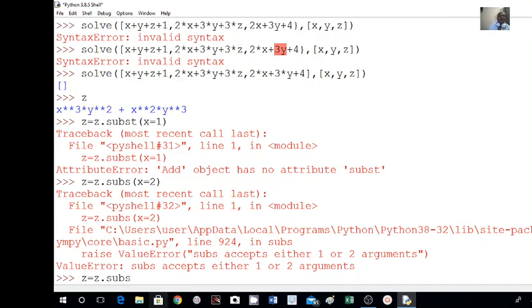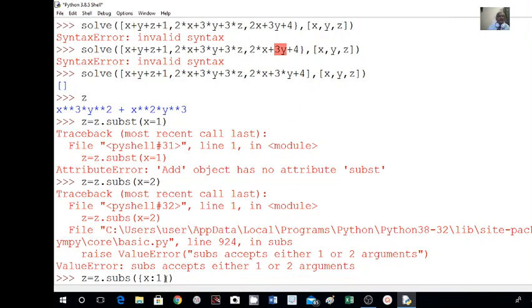What is wrong here? Either 1 or 2, something is there. Okay, here I will write SUBS open bracket, open flower bracket, x colon say 1, close this flower bracket and close this parenthesis.